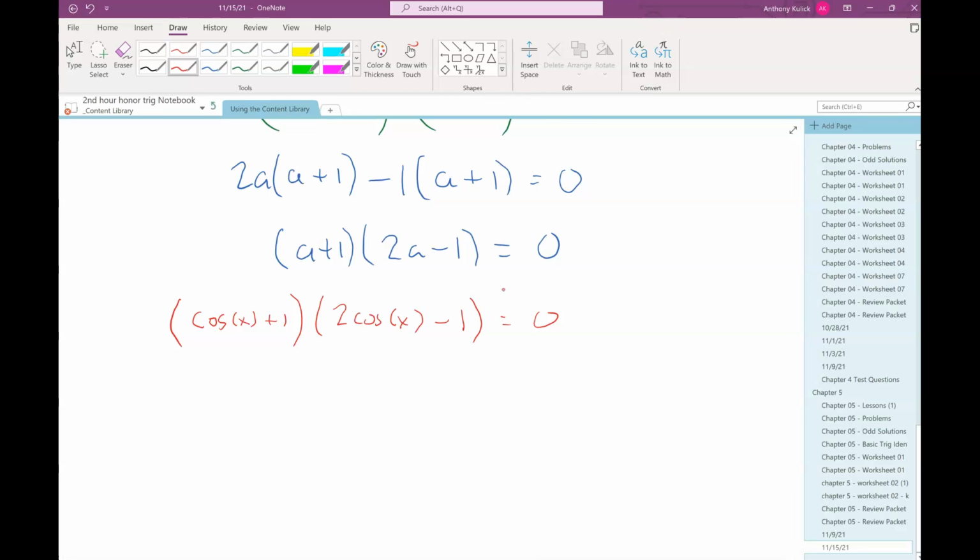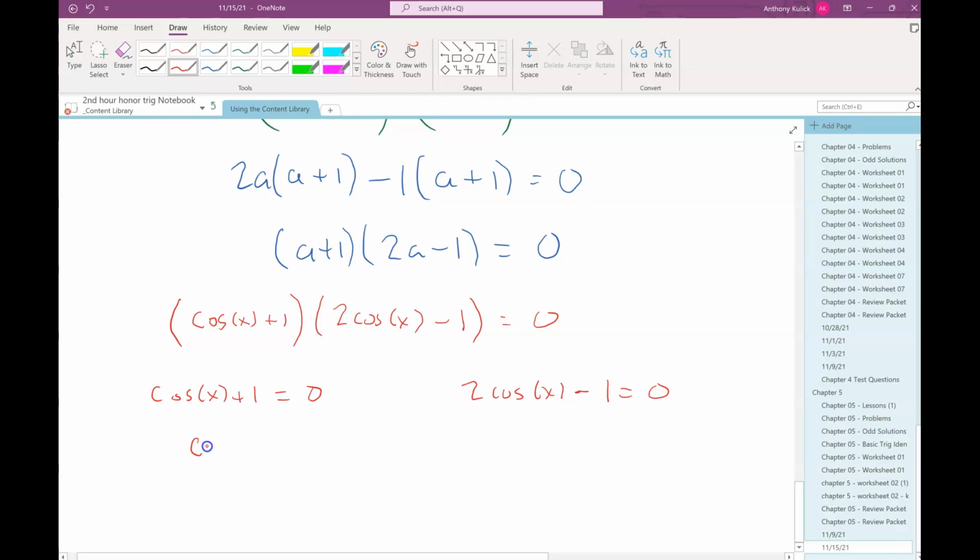Is everybody still on board? I apply the zero product property that allows me to set each of these factors equal to 0 and solve them separately. Everybody's okay there?